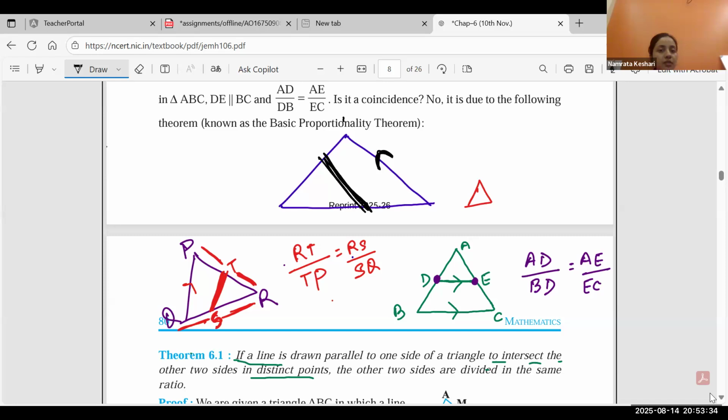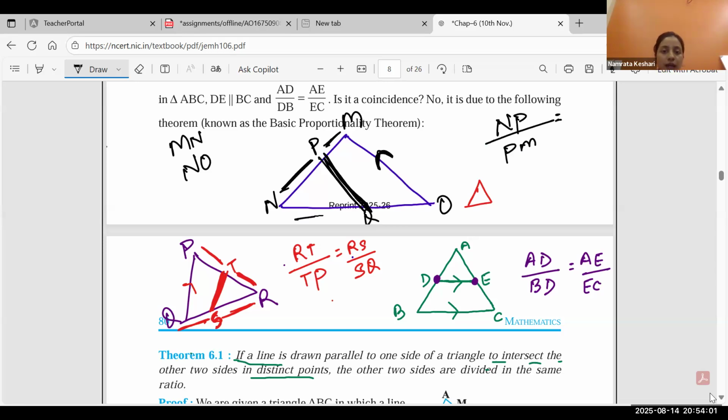Name the triangle MNO. This black line intersects the other two sides at two distinct points, let's say P and Q. Then the other two sides, MN and NO, are divided in equal ratio. That means NP by PM is equal to NQ by QO. Making sense?